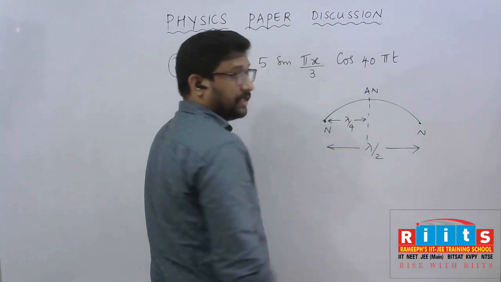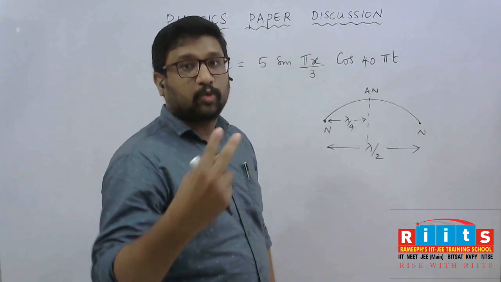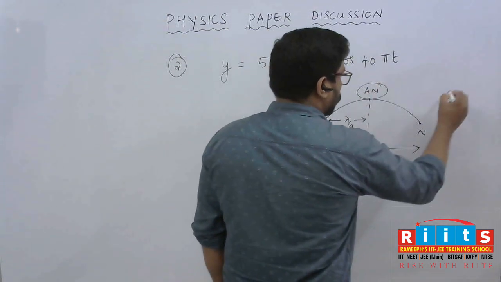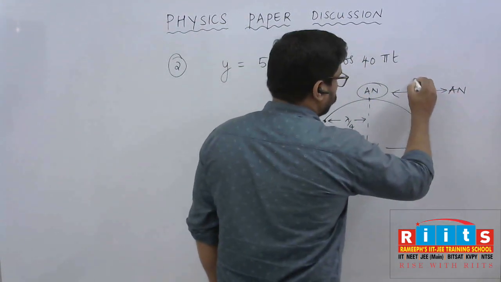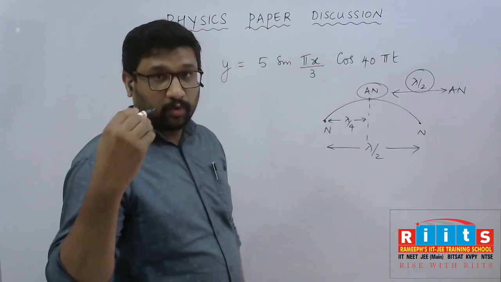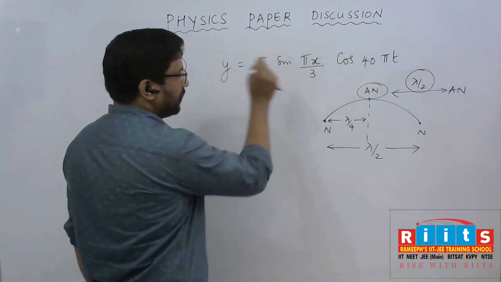But in our question they are asking the distance between two consecutive antinodes, which also has the same distance of lambda by 2. So the answer will be lambda by 2. Now you have to calculate the value of lambda by 2 numerically from the data given.